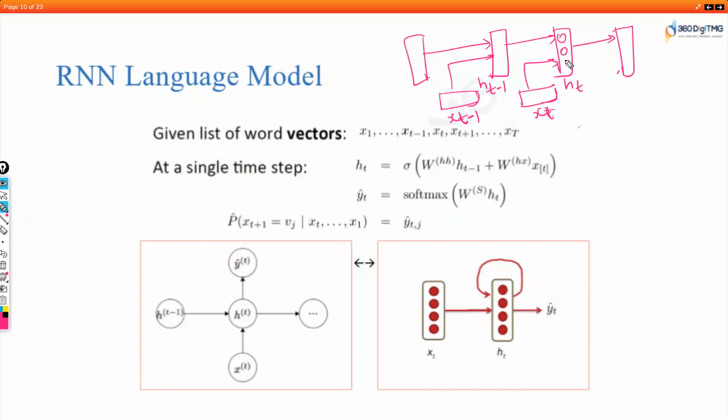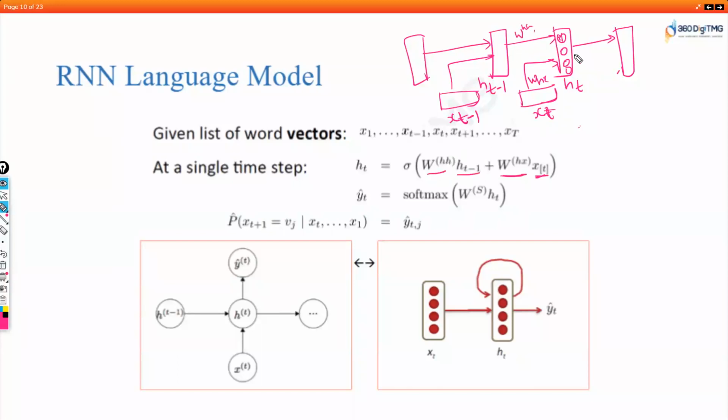Then every neuron will have integration and activation. When it says integration, you'll have the weights between this hidden layer and the input of the current time period, so you have the weight of H and X at the current time period into the input, plus you will have the previous hidden layer into the weights of these two hidden layers.